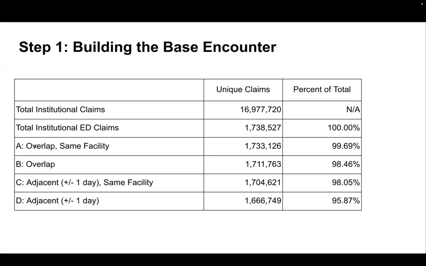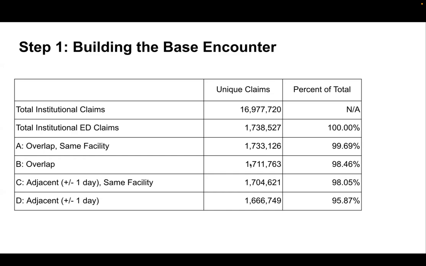And then here we look at the four different methods: the overlap with same facility, just overlap with no facility requirement, the adjacent plus or minus 1 day method with the same facility requirement, and the adjacent plus or minus 1 day method with no same facility requirement. You can see the different results in terms of what we count when we're building the base encounter.